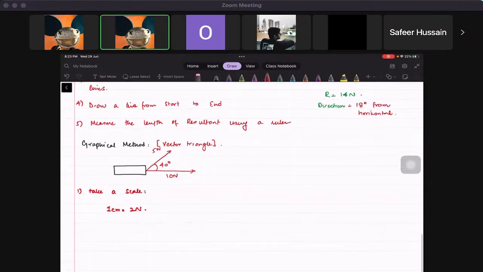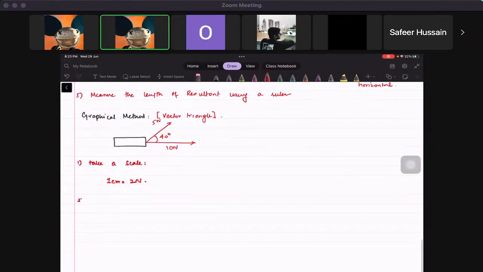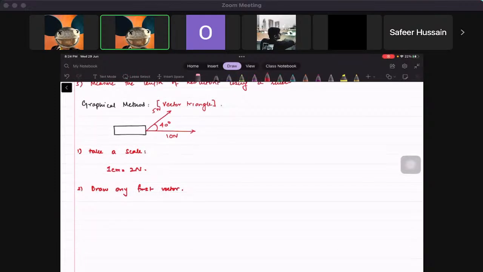So what you do then is you draw any first vector. Let's suppose you decide that okay, I'm going to draw the 10 Newton one. So you draw 10 newtons, which will be equivalent to 5 centimeters actually.